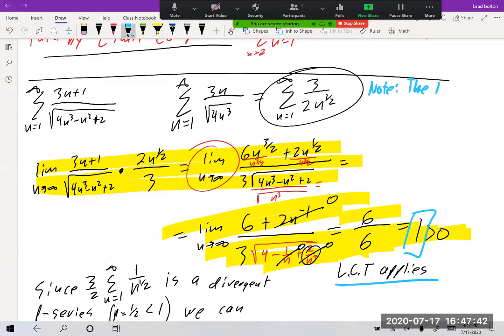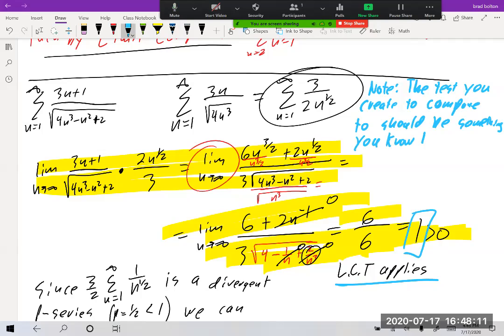And because the limit comparison test can be used, again, here's a note. The test you create to compare to should be something you know quickly to be convergent or divergent.